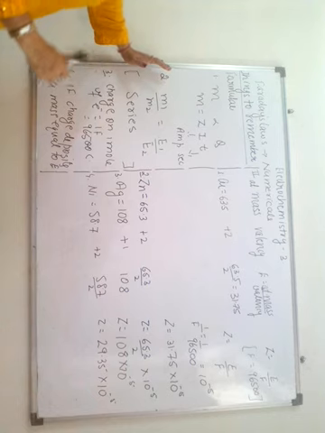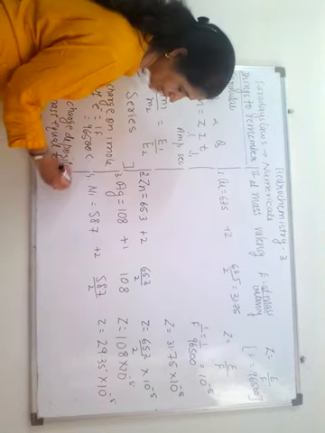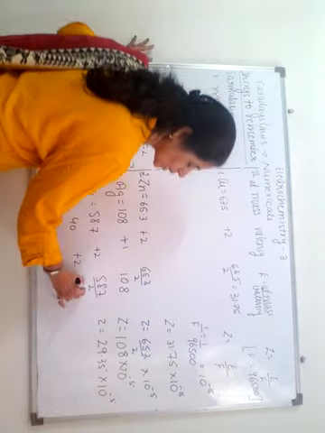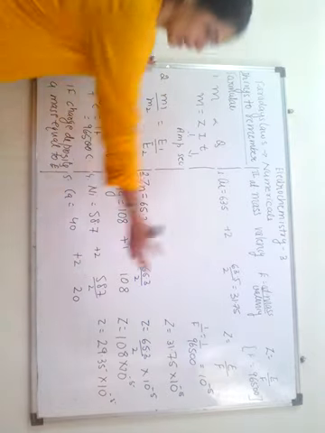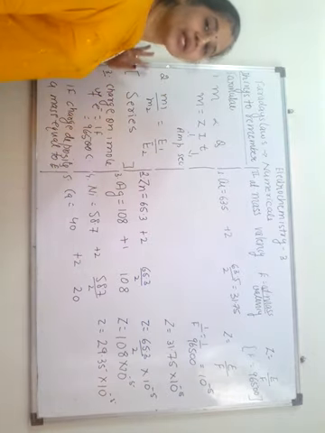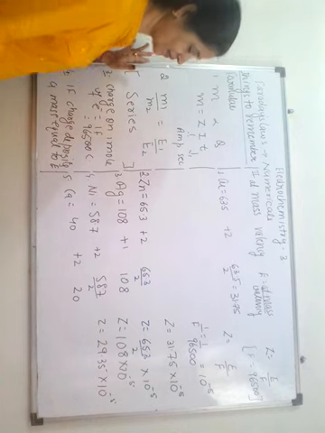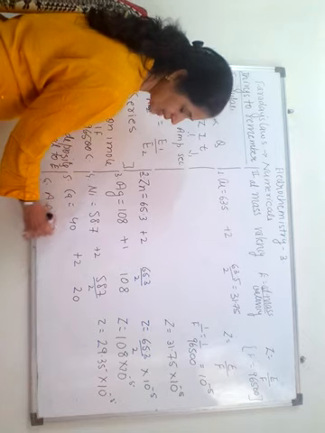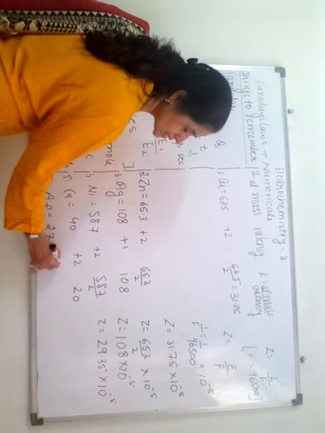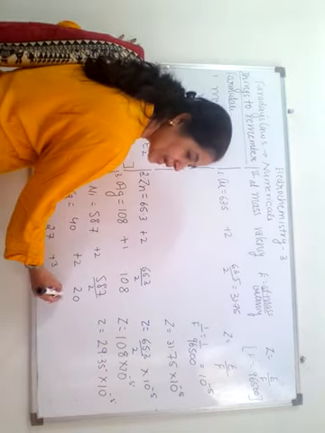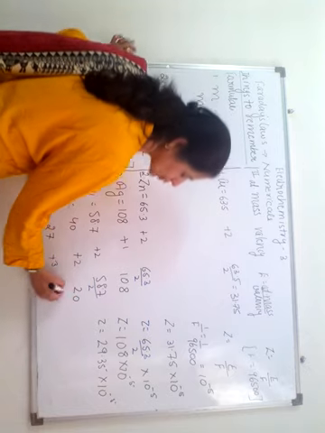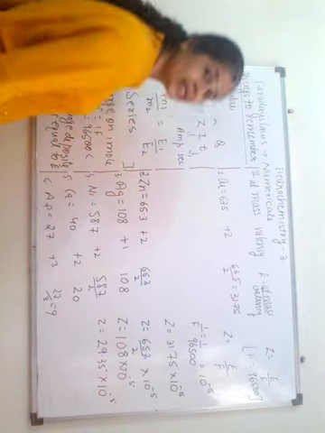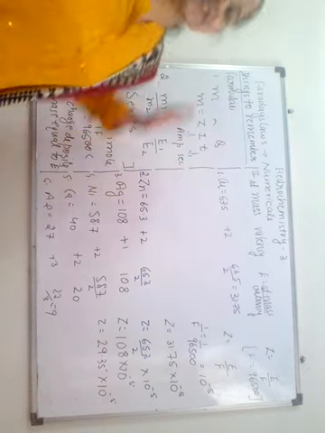Then we can also calculate for calcium, atomic mass 40, valency plus 2, equivalent mass 20, and of course Z is 20 into 10 to the power minus 5. For aluminium, atomic mass 27, valency is plus 3, so equivalent mass 27 upon 3, that is 9. And Z will be nearly 9 into 10 to the power minus 5.